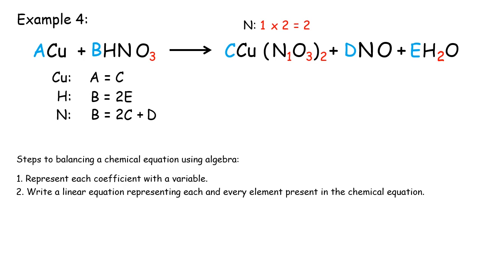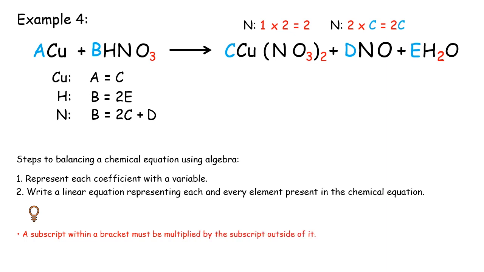Multiplying it further by the coefficient C, gives us 2C. Always remember that subscripts within a bracket have to be multiplied with the subscript outside of it. In nitric oxide, nitrogen has a subscript of 1, multiplying it with the coefficient D gives us D.